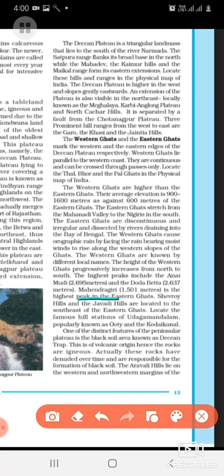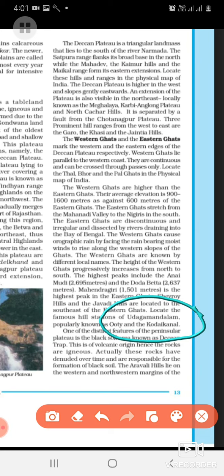You all know about Ooty, and its full name is Udagamandalam, and Kodaikanal are located here. So you see that the Western Ghats have very famous hill stations in the south, which include Anaimudi, Doda Betta, Udagamandalam, also known as Ooty, and Kodaikanal.